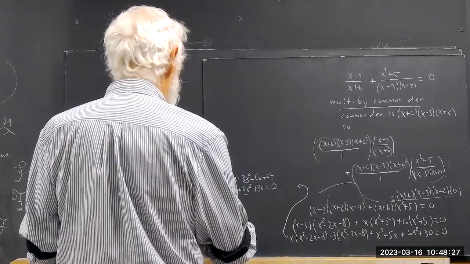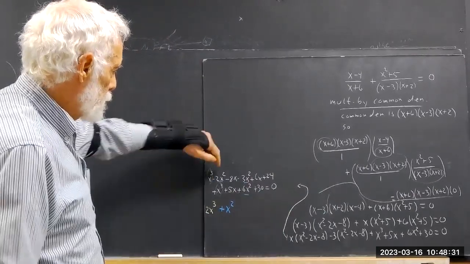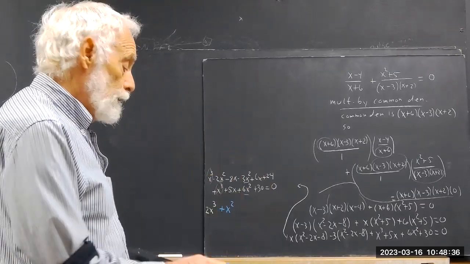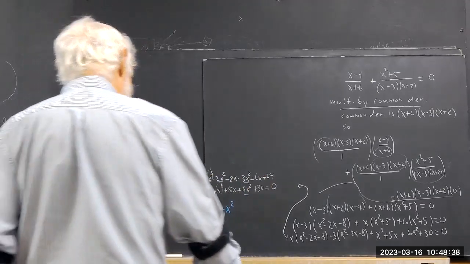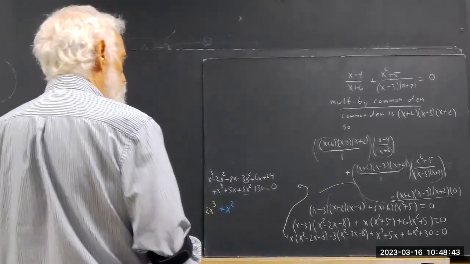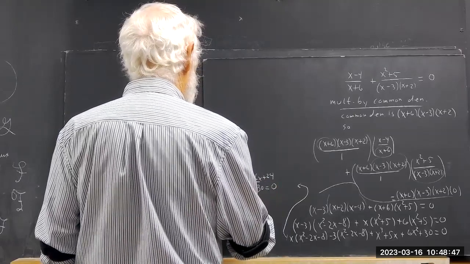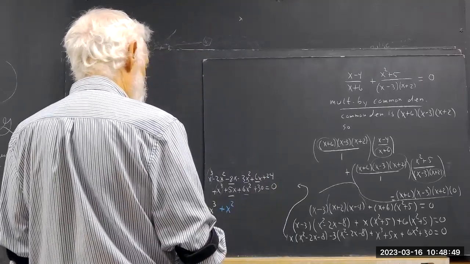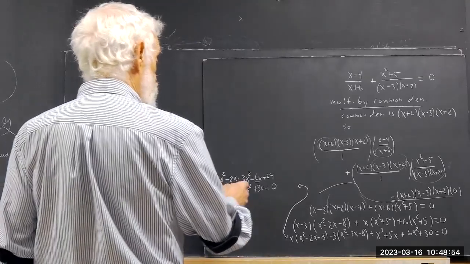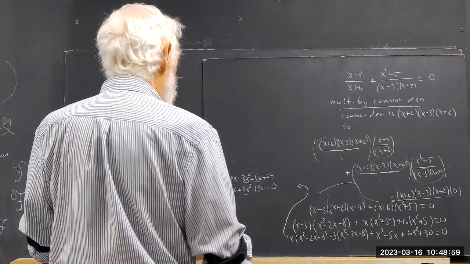I'll color code these. Okay, minus 2x squared, minus 3x squared, plus 6x squared. So I think I've got all my x squareds. Then I've got minus 8x and plus 6x and plus 5x. And that gives me how many? Negative 2, negative 8 and 6 is negative 2 and 5 is 3.